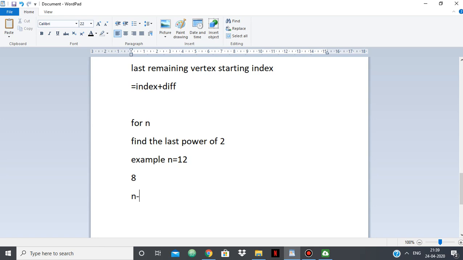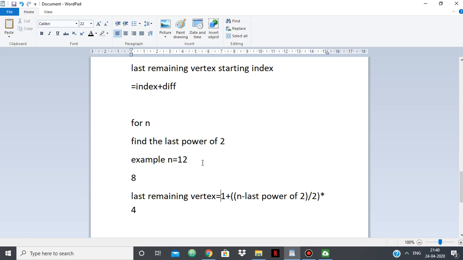Then n minus last power of 2, by 2, meaning its position from the last power of 2 by 2, into 4, and 1 plus that is the last remaining vertex, starting from 2.